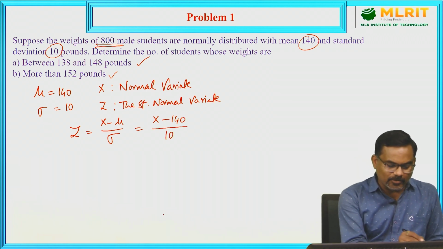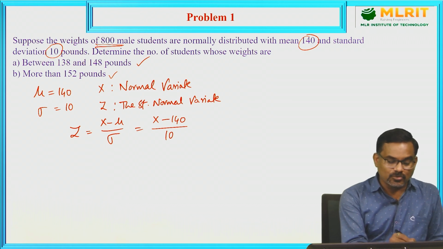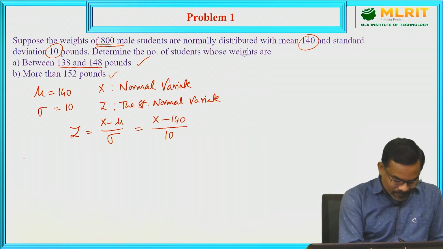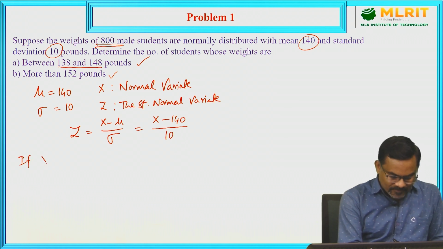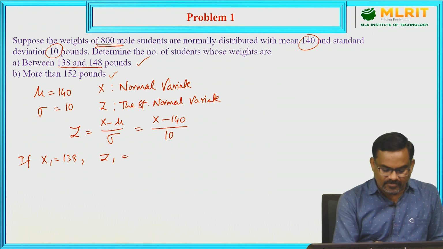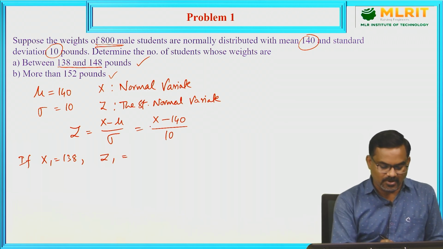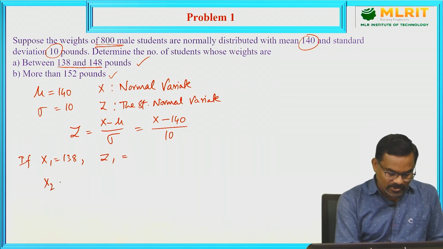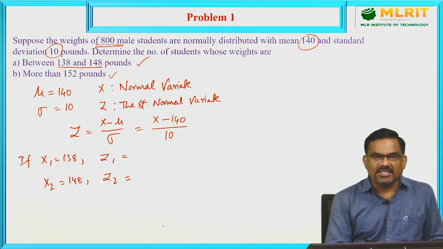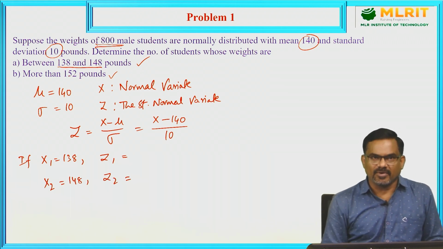And we need to calculate the number of students whose weights are between 138 and 148. So if x1 equal to 138, what is the value of Z1? That we need to calculate using this formula. Similarly, if x2 is 148 pounds, what is Z2? In the second problem, we need to calculate for 152.